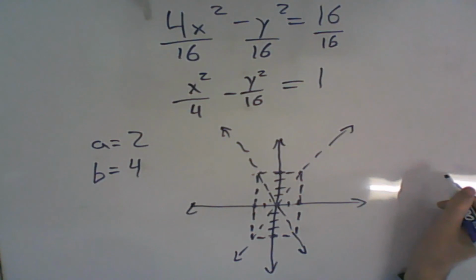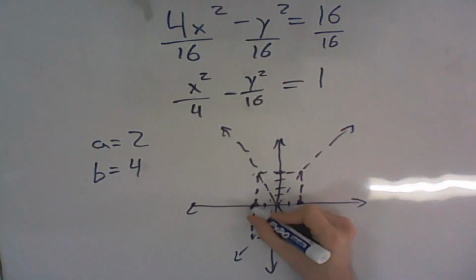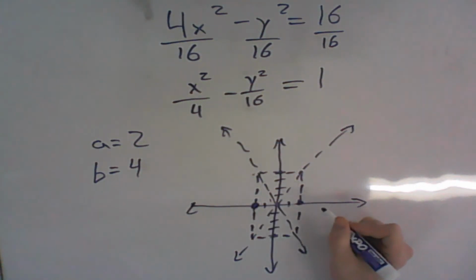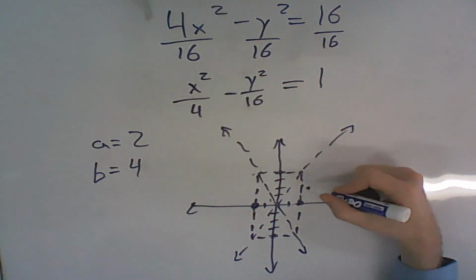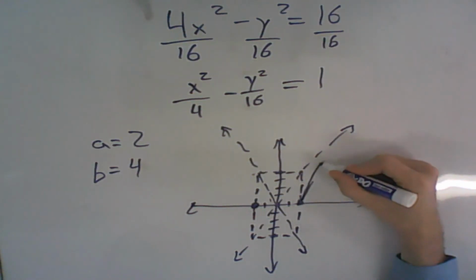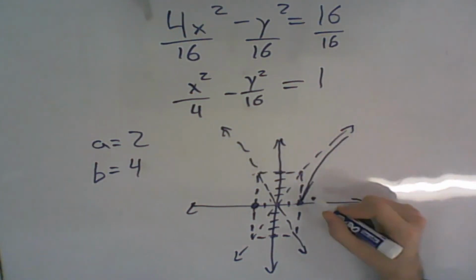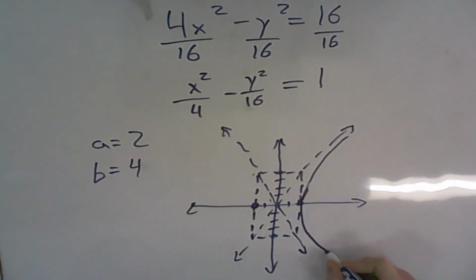Okay? Now, key point, how to draw this. So you have your vertices on the a. Okay? Right here. And so really, this drawing, the line is going to push out and go closer to the asymptote.